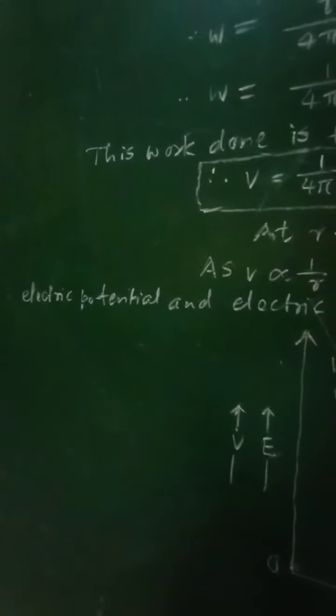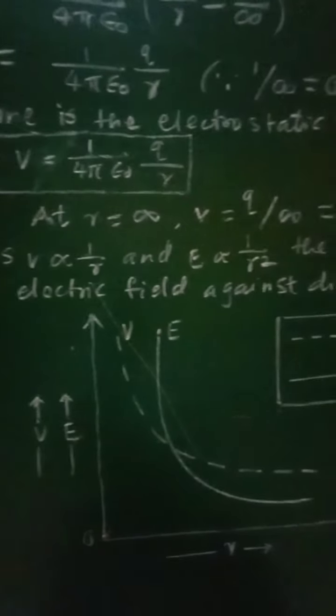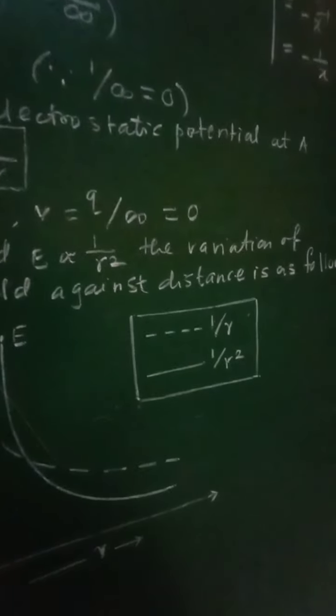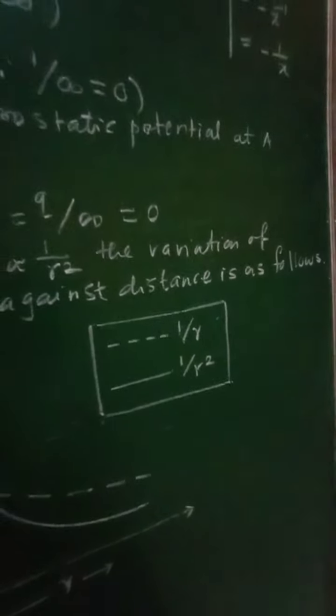the variation of the electrostatic potential and the electric field against the distance is as follows.